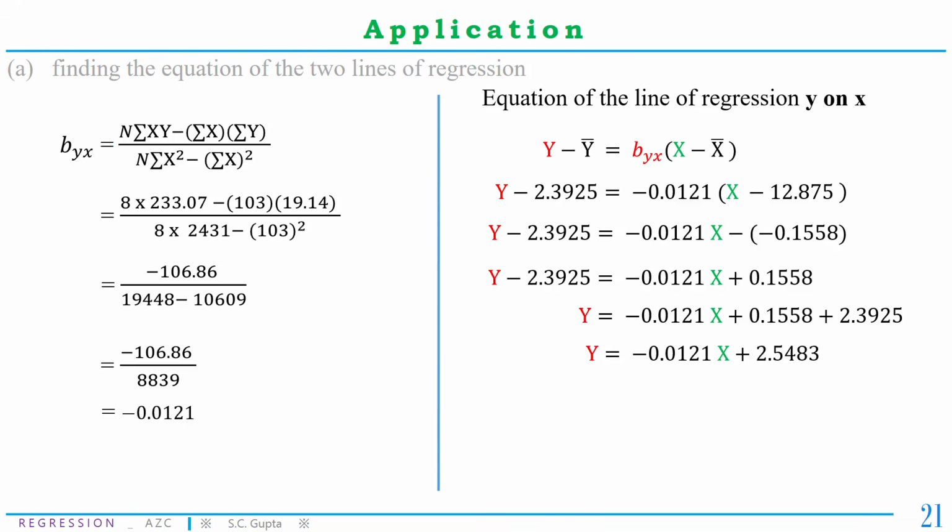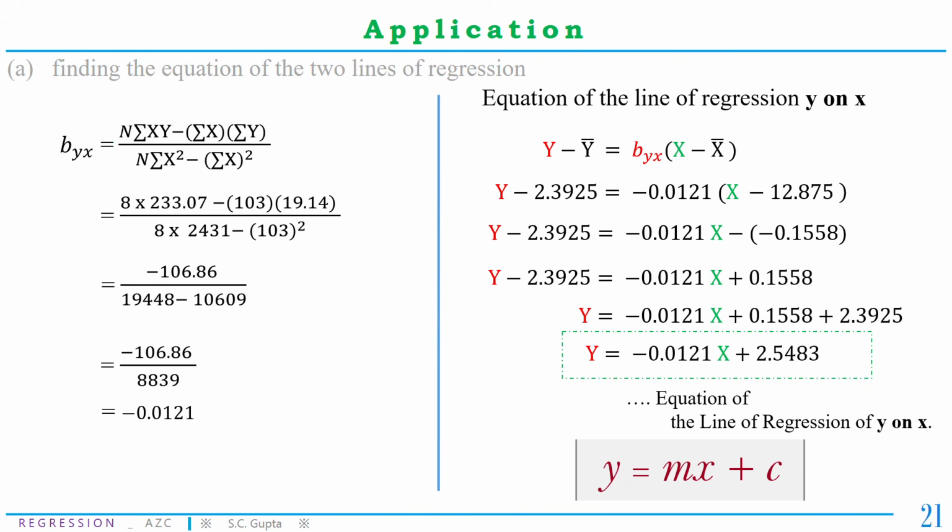The equation now resembles y is equal to mx plus c, equation of slope-intercept form. Here, in the line of regression equation of y on x, minus 0.0121 is the value of slope, and 2.5483 is the value of intercept.